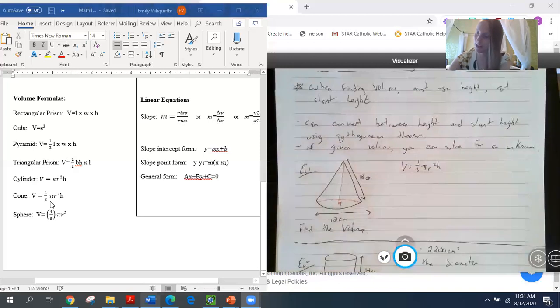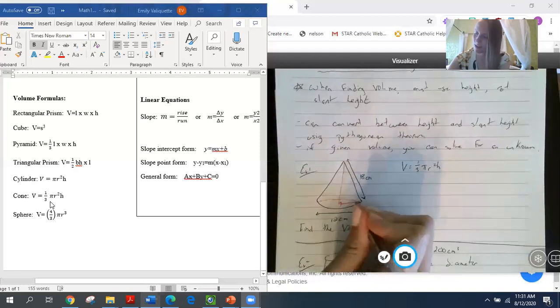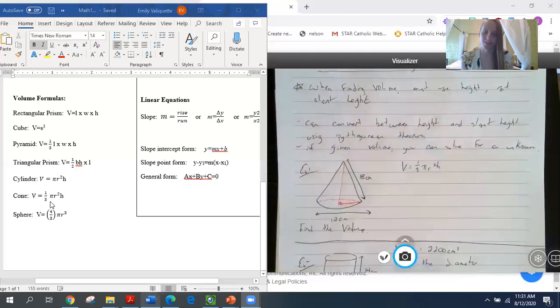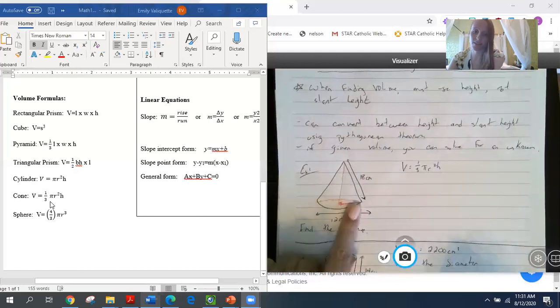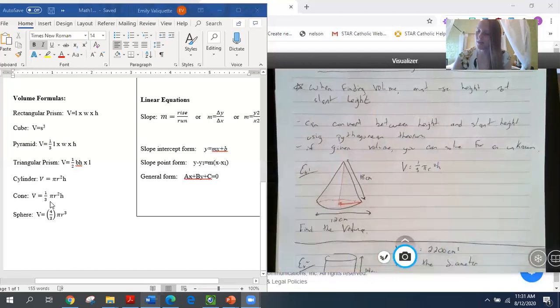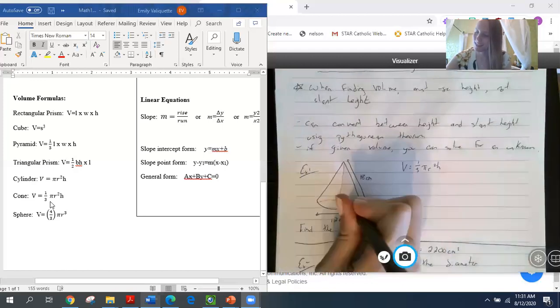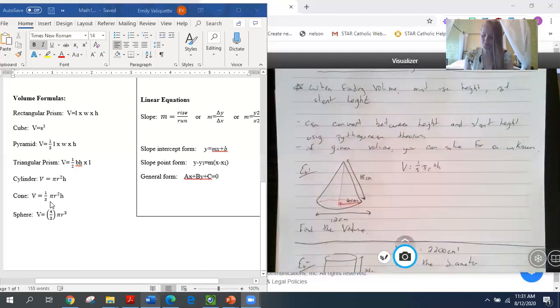So in order to do that, I'm going to make a right triangle like so. I already know that the hypotenuse, the side that's across from my right angle, is 18 centimeters. That's my slant height. The base of this right triangle here would just be half of the diameter, or the radius. So that is going to be 6 centimeters, since the diameter is 12.